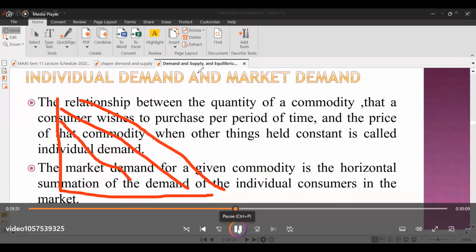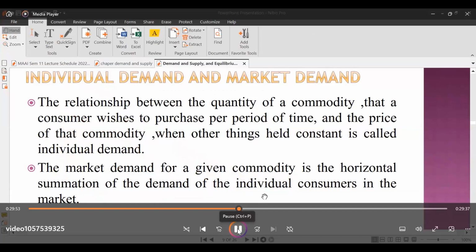By combining all these curves together, the horizontal summation of the individual demand curves, we can derive the market demand curve.